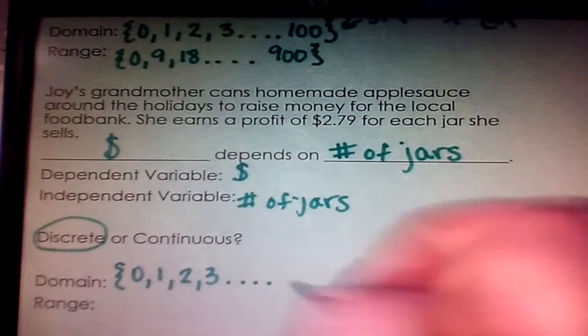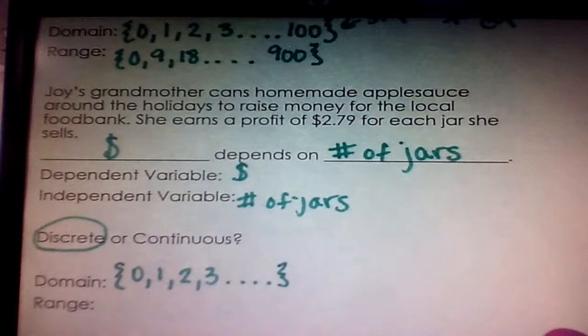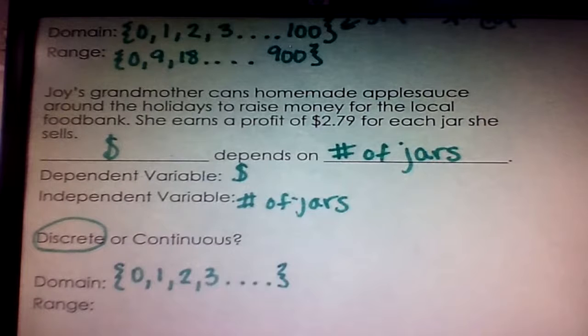So guess what? This is never going to stop. Okay? It's going to continue going. There is no maximum capacity. She could make applesauce until her fingers fall off. Okay? There is no restriction on how many jars. But again, she can't make a negative amount of jars.